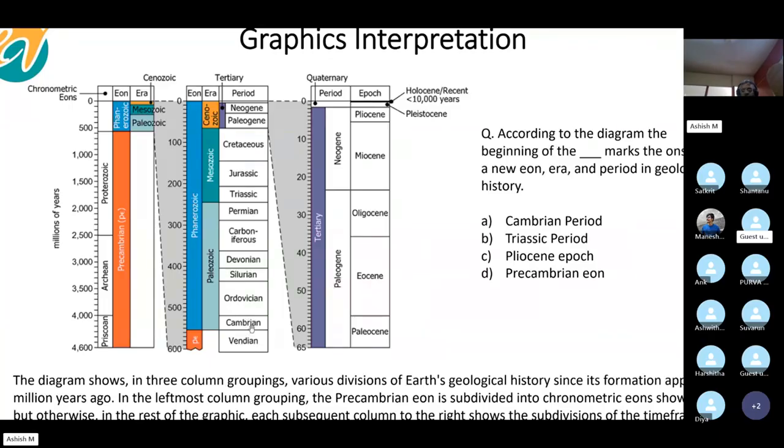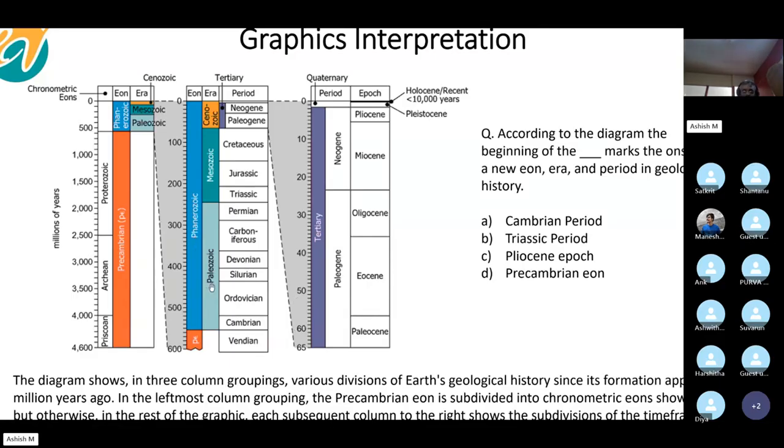Bottom. Yes, Cambrian period. Does it mark the start of a new eon? Yes, it marks the start of Phanerozoic eon. All right. Does Cambrian period mark the start of a new era?